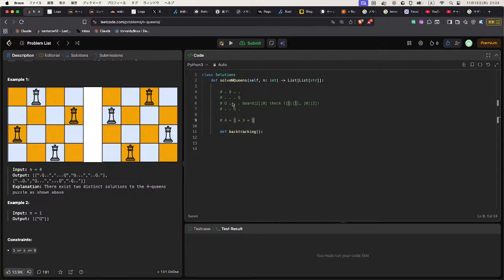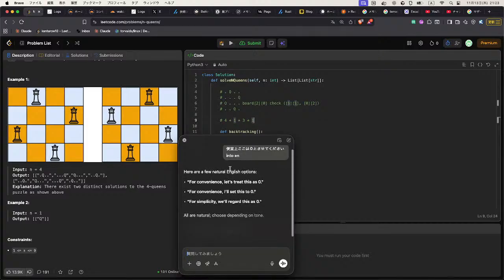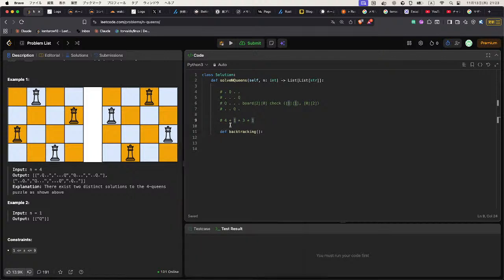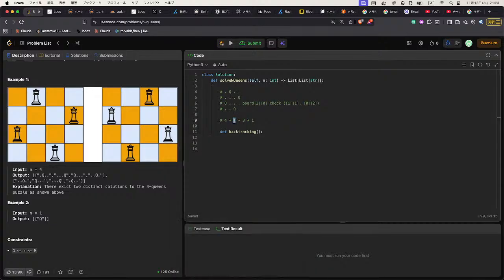And for the second row, technically here is 0, but for simplicity, we will regard it as 1, right?